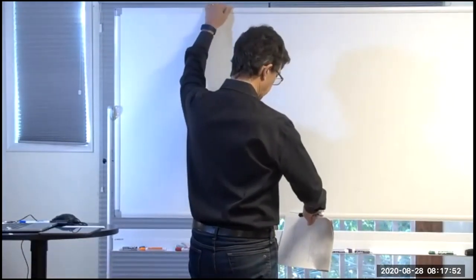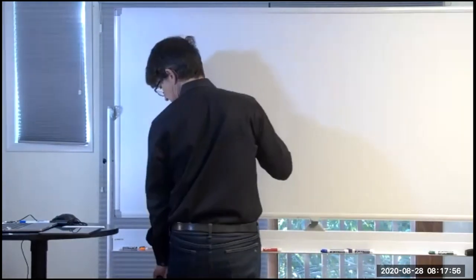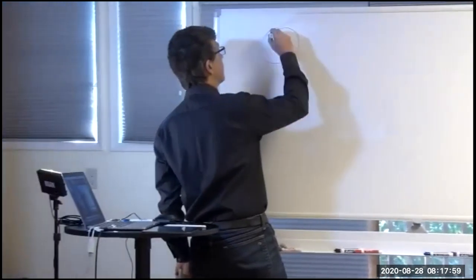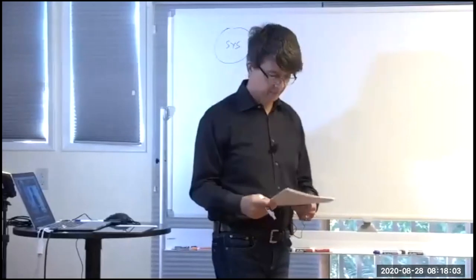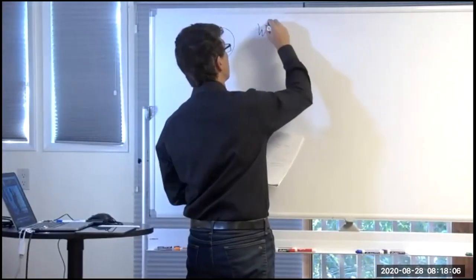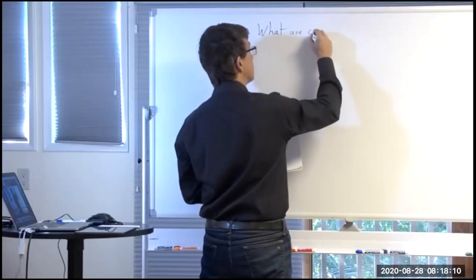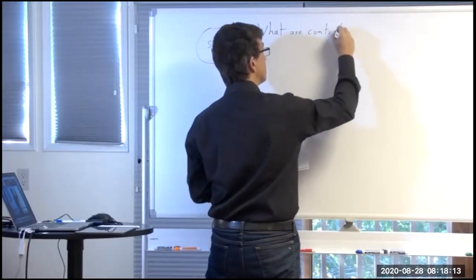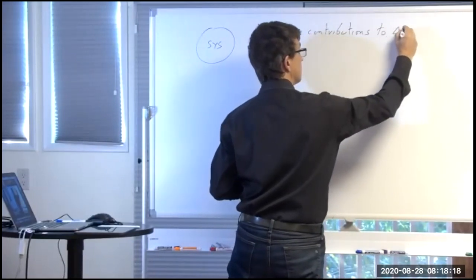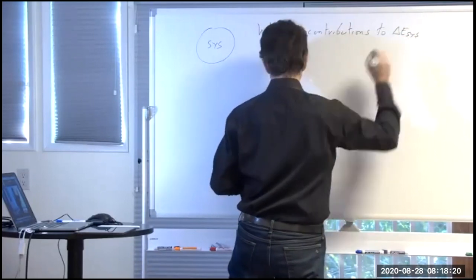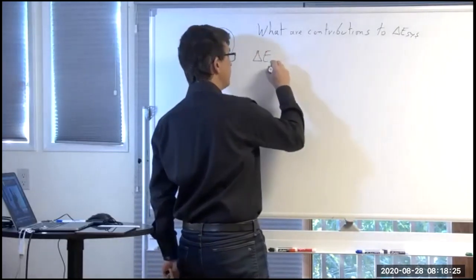So when we leave energy in a system, let's say this is our system, how is it stored there? The question is, what are the contributions to the energy of a system? Typically, we divide them in three parts.